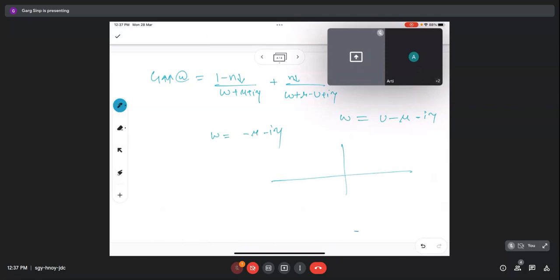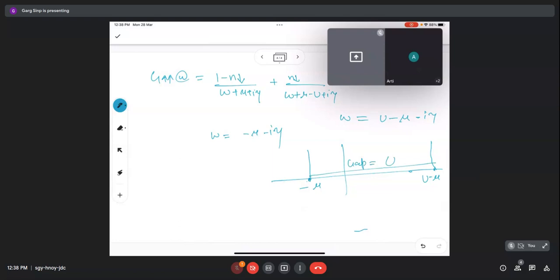If I forget about the small negative imaginary part, you see that one pole is at minus mu on the real axis and another is at u minus mu. So if you look at the imaginary part of this Green's function, it has one delta function at minus mu, another delta function at u minus mu. So there is a gap of the order of u. Okay. And as you can see, the u term appears in the pole only if there is a doubly occupied site in the system.